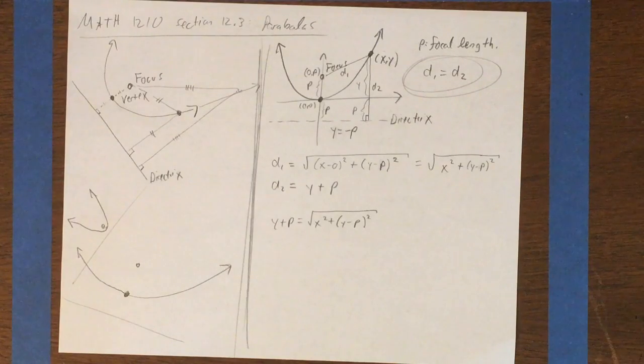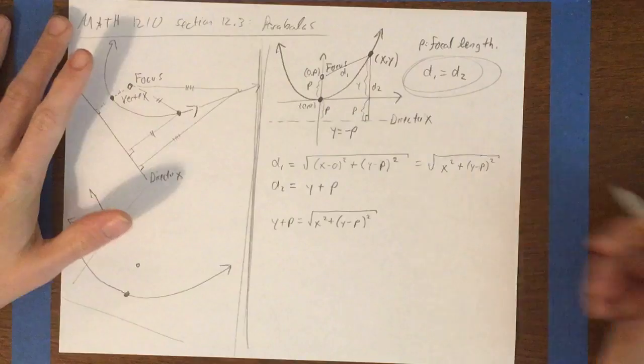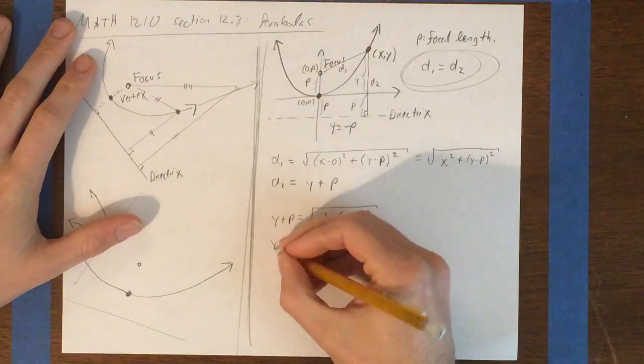So we could stop there if we wanted, but I think we want to go a little bit further than that. So let's take this, and we're going to try to solve this for y, or at least move in that direction so that we come up with something which is relatively simple and easy to work with. Okay. So the first step I want to do is square both sides of this.